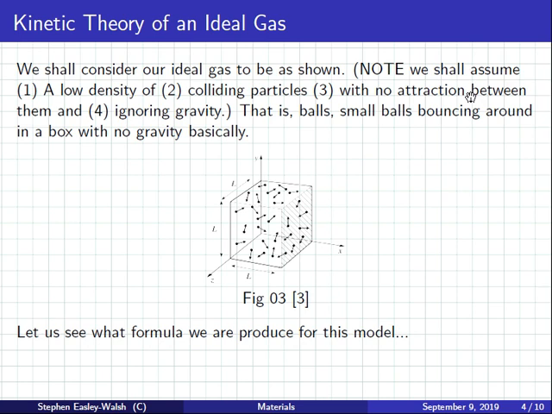But there's other things you can say too, like we ignore gravity, and also when they collide, the collision is perfectly elastic, meaning when they collide, they don't slow down. But the first 3 points are enough for the exam. Low density of colliding particles with no attraction between them.